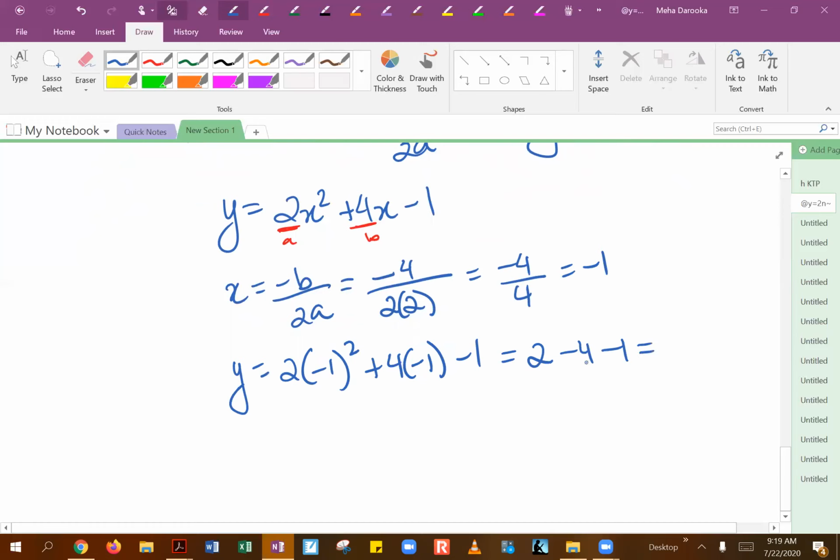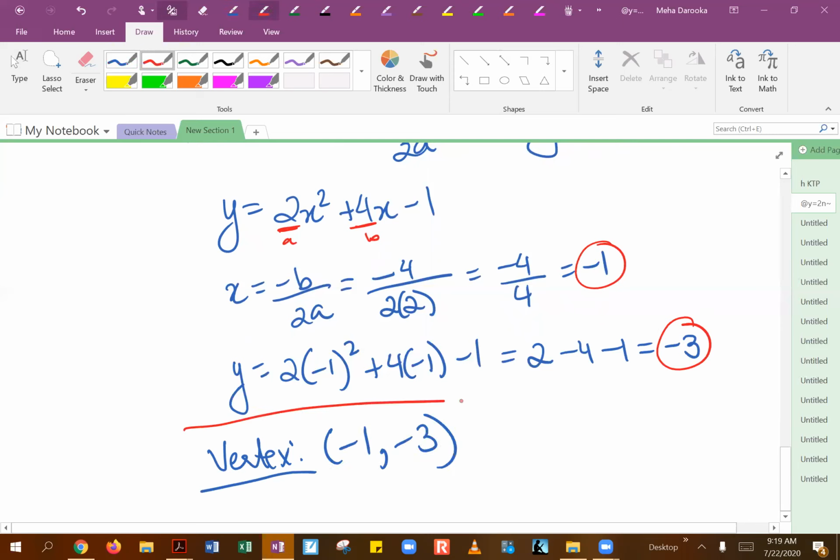Let's see, 2 minus 4 is -2. -2 minus 1 is -3. And you can see we got the same values, -1 and -3. So the vertex of our parabola is going to be -1 and -3.